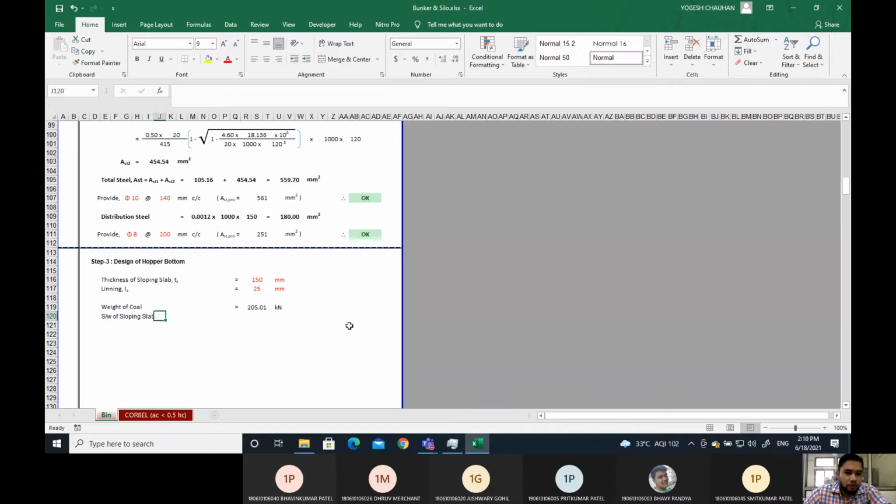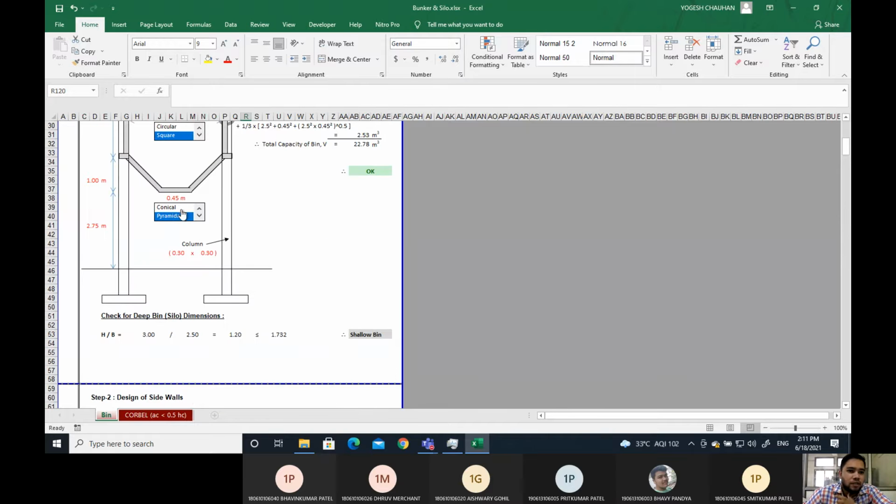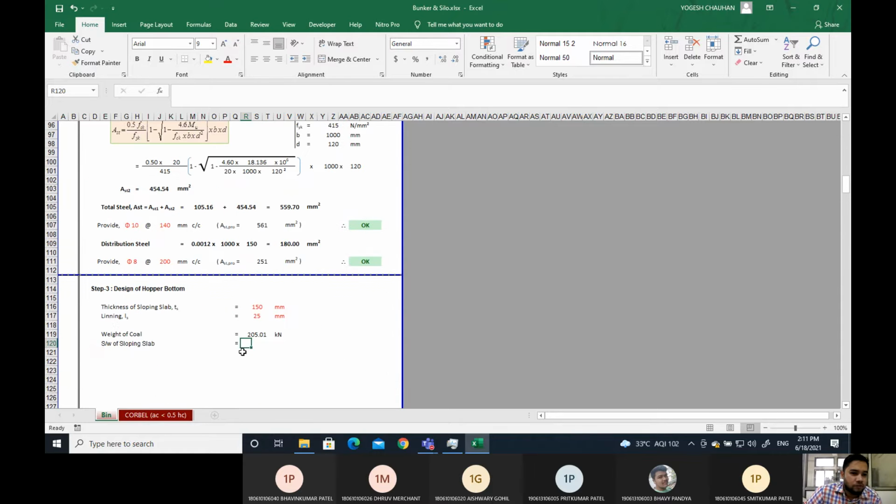Now here you have to formulate it in such a way that this is applicable both for conical and for trapezoidal. Both the conical and pyramidal, both types of hopper bottom, this formulation is applicable. So you have to formulate it in such a way.